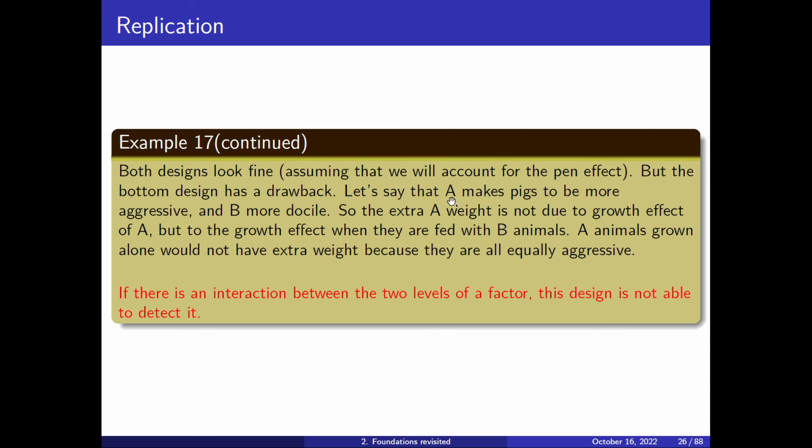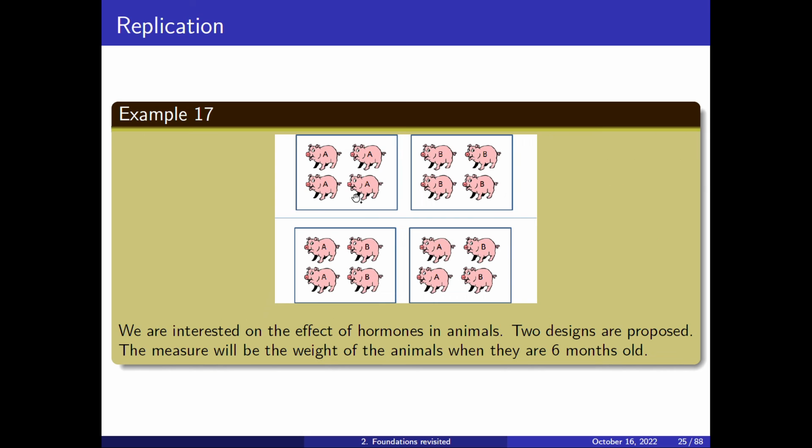Okay, but anyway, let's say that A makes the pigs more aggressive and B more docile. So this kind of design here would have a problem, because the hormone doesn't make the animal grow more because of better metabolism or slower metabolism or whatever, but because they are more aggressive and then they have more access to food.